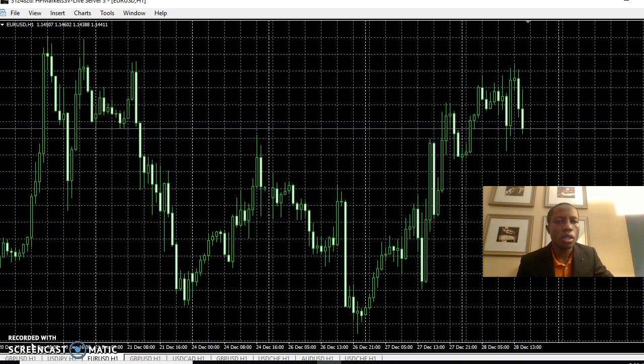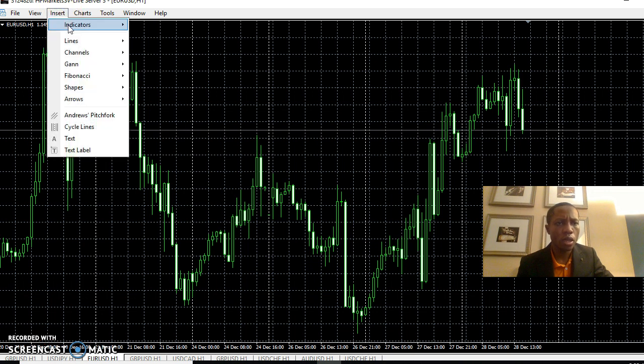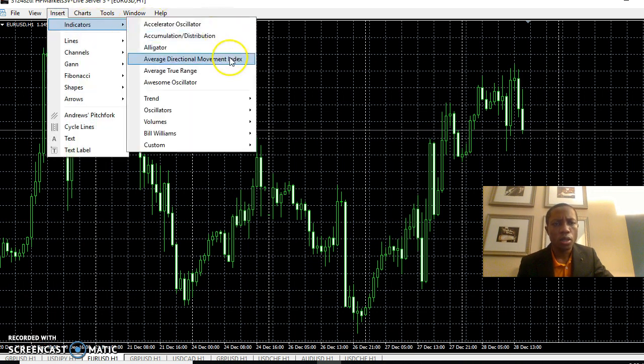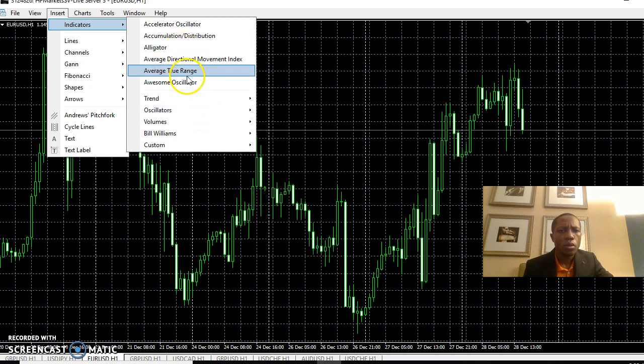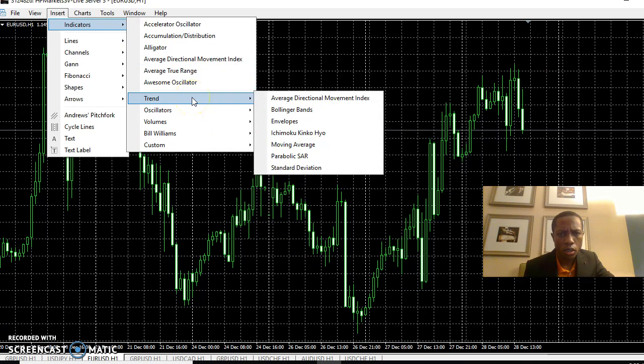So let's proceed. First thing you do is to come here and click on indicators, and check the trends. The first of the three tools you need to input are the moving averages.